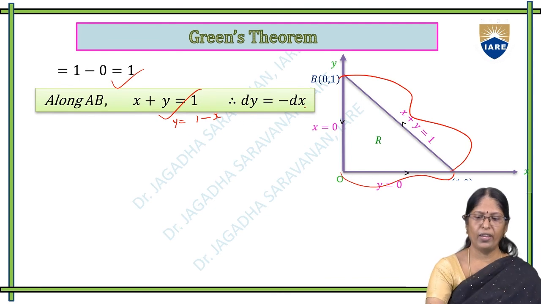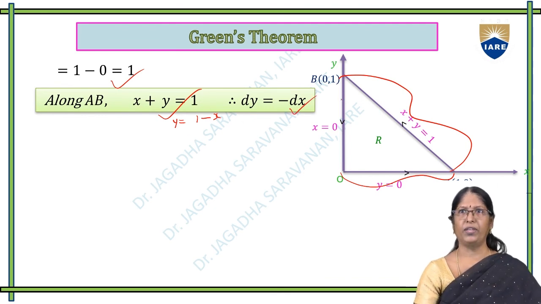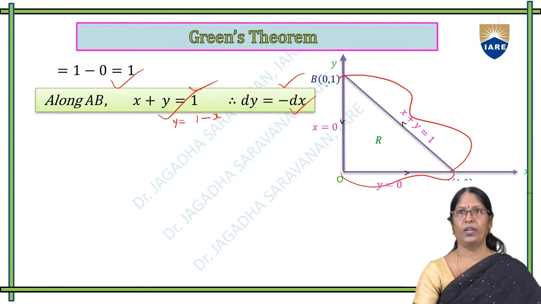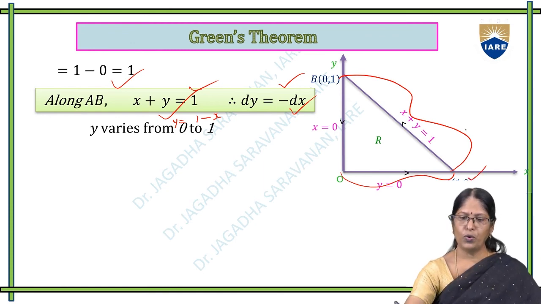So dy equal to minus dx. This we are going to substitute in our given function. Here y varies from 0 to 1.